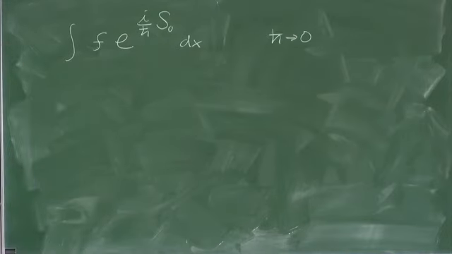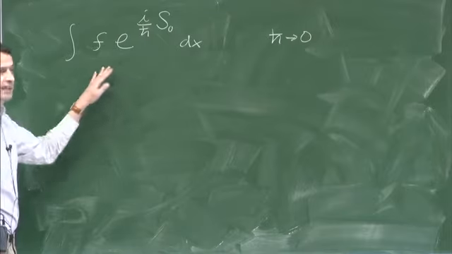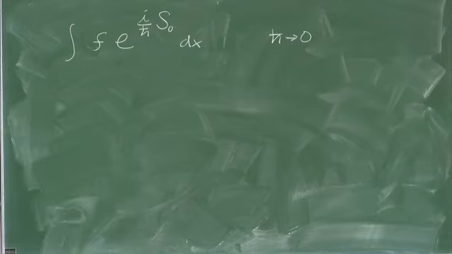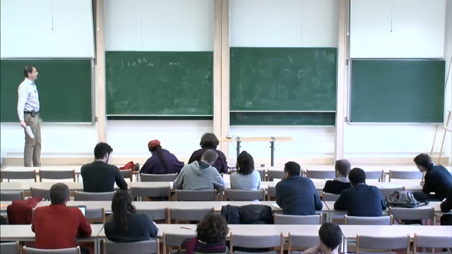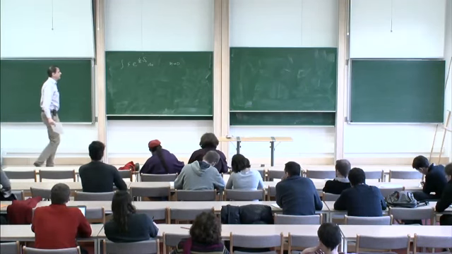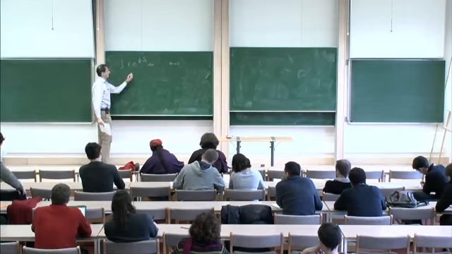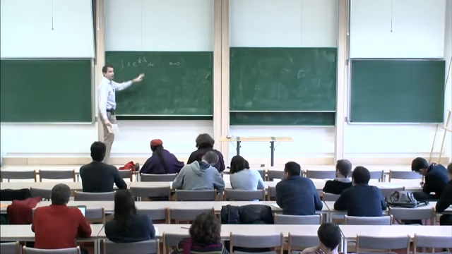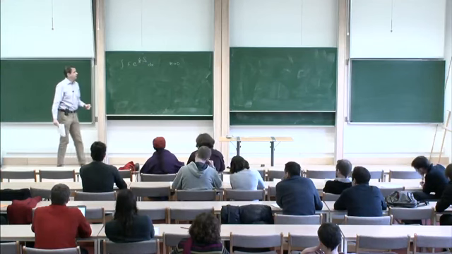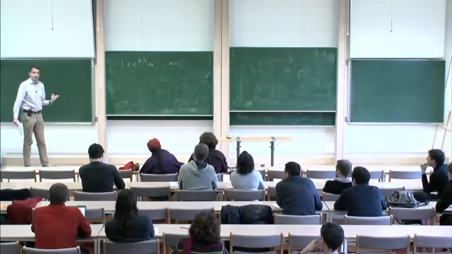What I'm talking about comes from gauge theory, where this is actually an infinite dimensional integral. But what I would like to tell you is that this story is interesting also in finite and non-trivial infinite dimensions. And typically this kind of asymptotic behavior is computed by looking at critical points of S0.